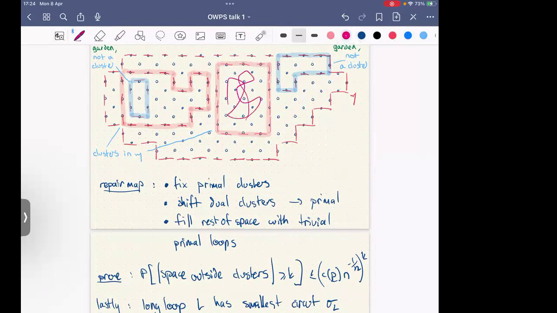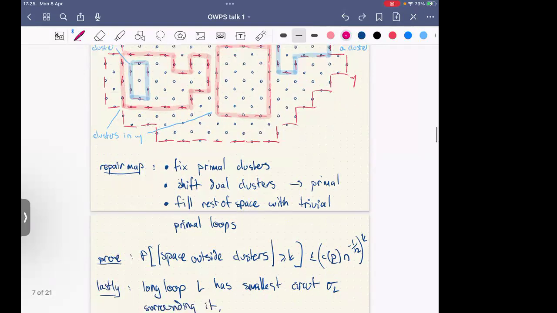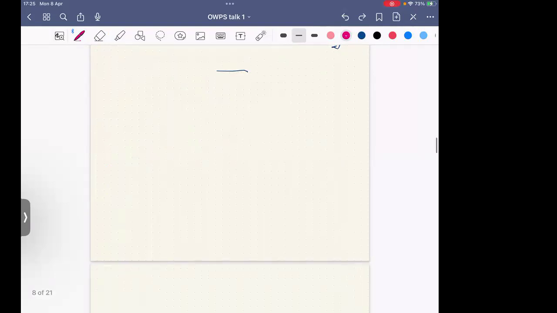If I have a loop here, then this is the smallest circuit containing it. Or if it's here, it'll be in here, and it's in particular contained in what is not the clusters. Okay, so let's make this rigorous.